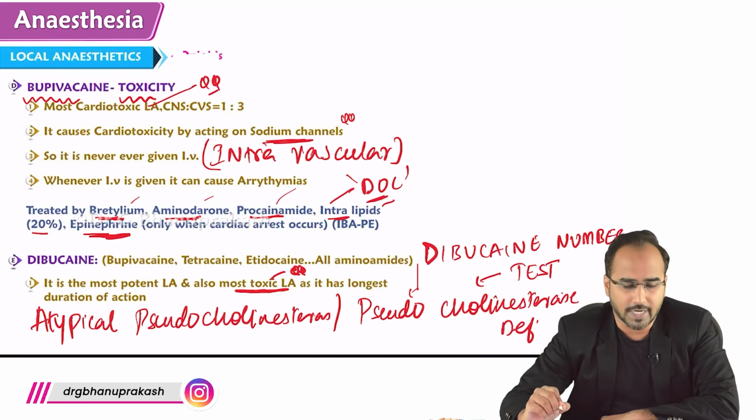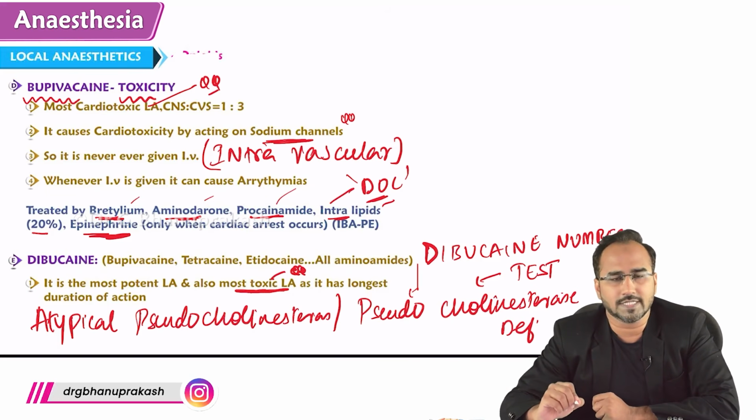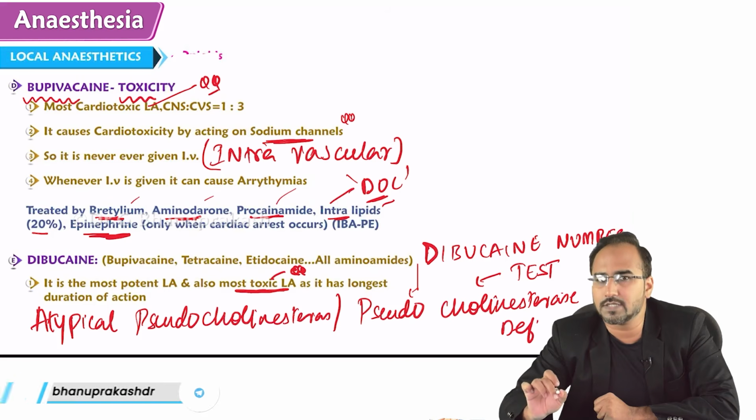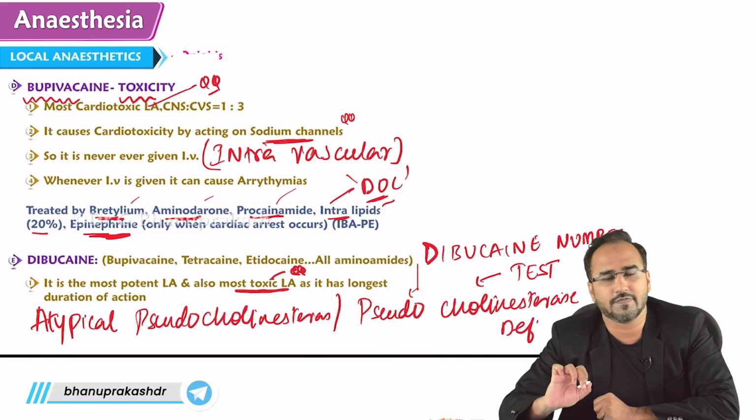Dibucaine is not used for any local anesthesia or local anesthetic purpose. Dibucaine is only used for the Dibucaine number test that detects the atypical pseudocholinesterase or pseudocholinesterase deficiency.